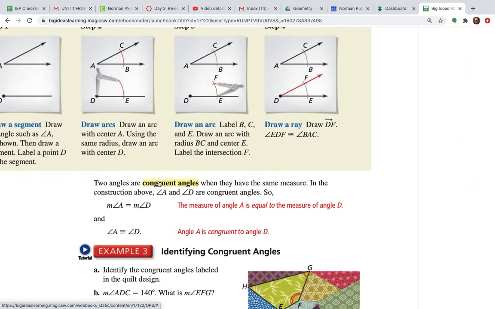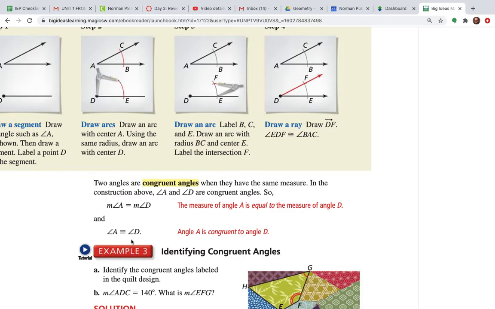Two angles are congruent angles when they have the same measure because they're always the same shape. They always have that angle measure. It matters the angle size, right? So if the measure, and that's what this M means, if the measure of angle A is equal to the measure of angle D, the M stands for measure, then angle A is congruent to angle D. Now this equal sign with the squiggly is really super duper important.